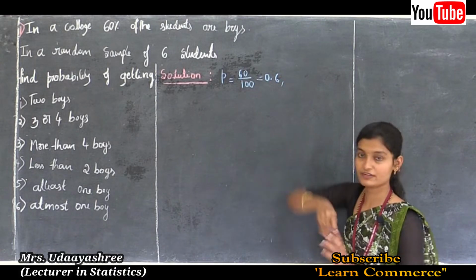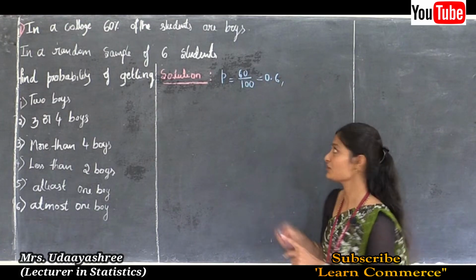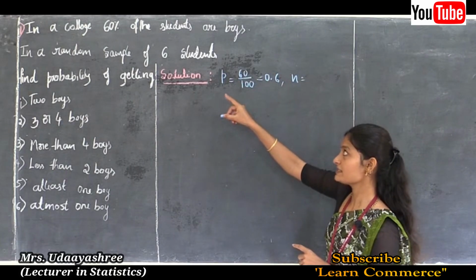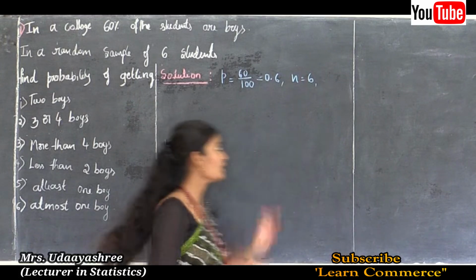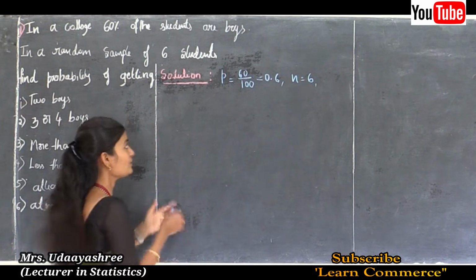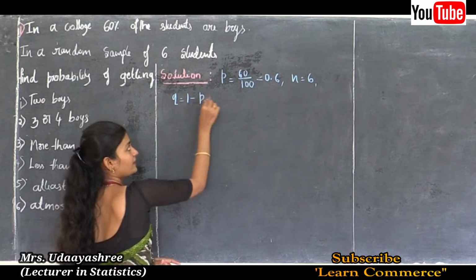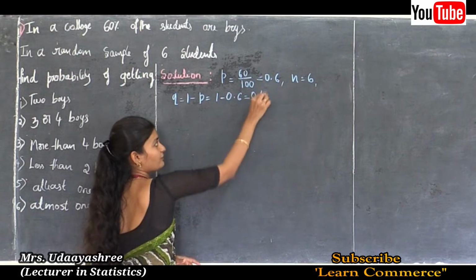Then one more observation is 6. Here random sample size is denoted by small letter n, so for a random sample of 6 students we can write n is equal to 6. Here we know the p value, that is 0.6. Then what is q? q is equal to 1 minus p, that is 1 minus 0.6, which is equal to 0.4.